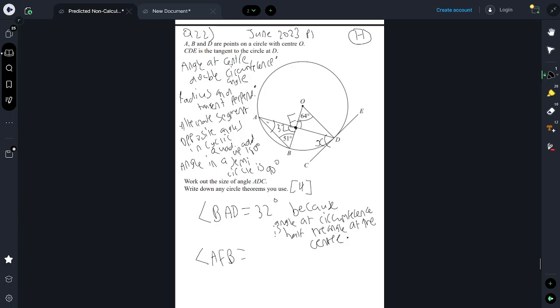Okay, so angle F. Well, that's going to be 180 minus 51 minus 32, the two angles in the triangle. Well, what's 51 plus 32? Roughly, that's going to be 83.